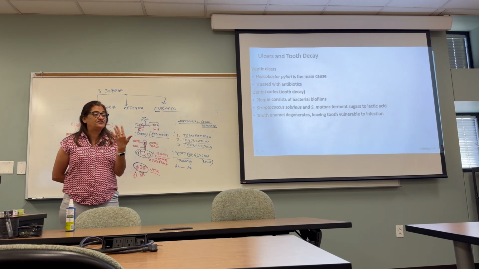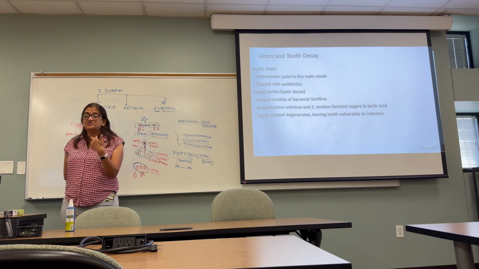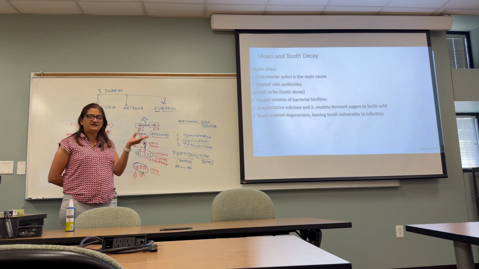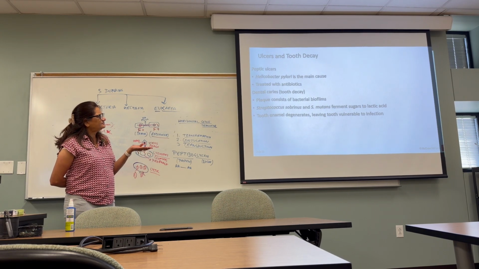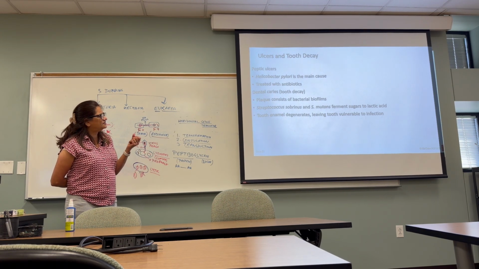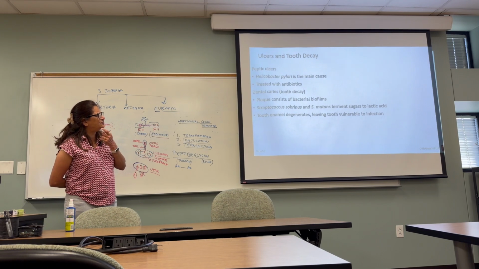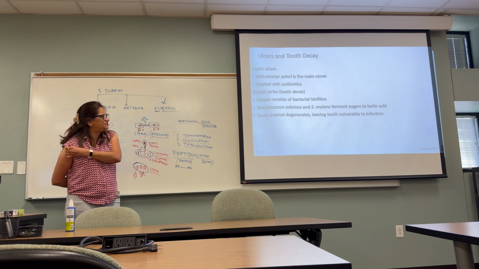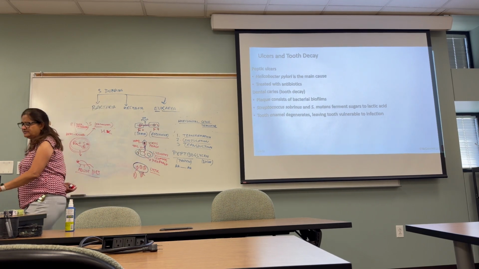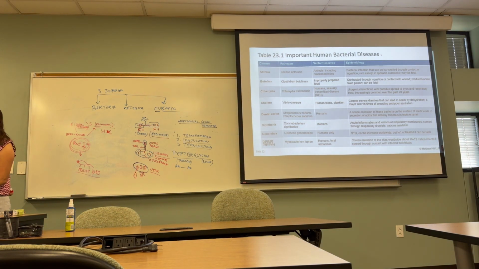In extreme cases, people can have periodontitis, they can lose the bone, and all the teeth can fall out. Then you have Streptococcus sobrinus and Streptococcus mutans, they all ferment sugars to lactic acid and cause tooth enamel degeneration, leaving the tooth vulnerable to infection. So these are some of the important human bacterial diseases.